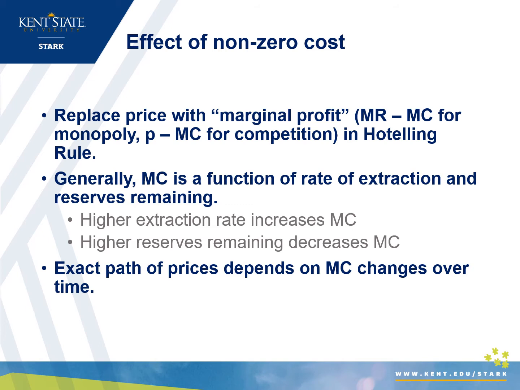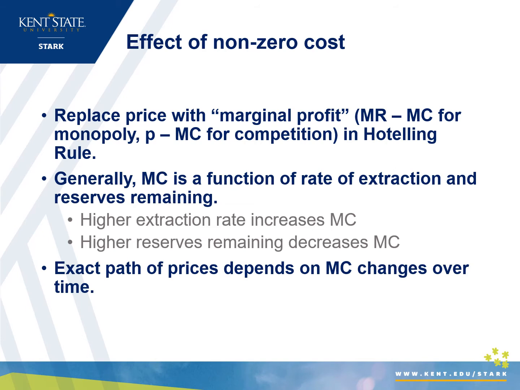As I'm trying to extract more, then that incremental cost is going to increase because I'm having to use harder and harder to get to units of the good. I'm going to have to go deeper into the mine. I'm going to have to drill through less geologically easy areas to get oil out of the ground or natural gas out of the ground or what have you. So higher extraction rate will tend to increase your marginal cost.